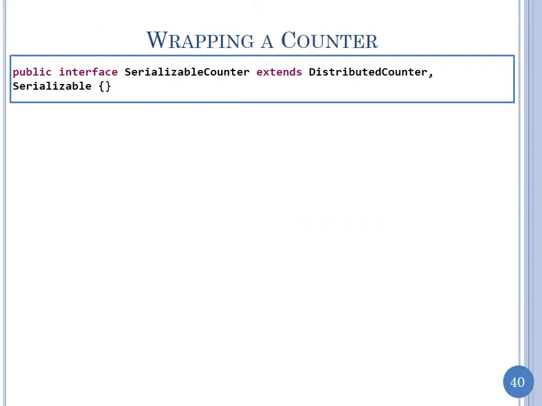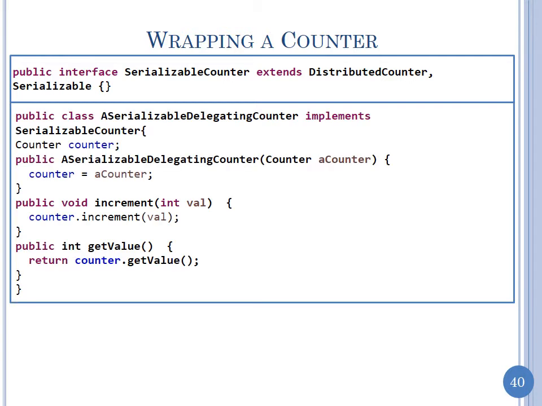Okay, let's try to understand this even more. I've got a serializable counter. You might have seen the notion of delegation versus inheritance, where you can delegate to another object, another class, when you have a reference to an instance of that class, rather than inheriting from that class.